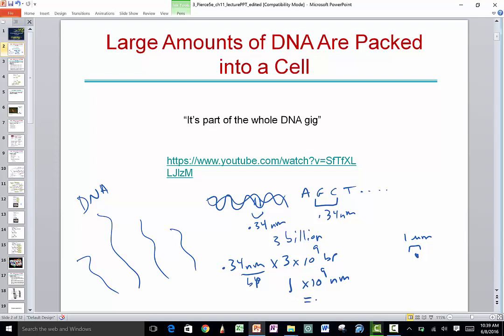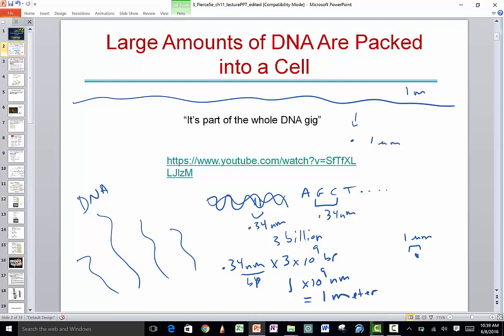And that actually equals 1 meter. So we can't really draw a meter, but let's say that's our DNA. That's 1 meter. If we linked it all together, we've got to take that and get it into a 1 micrometer nucleus.